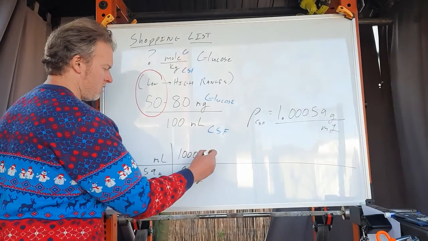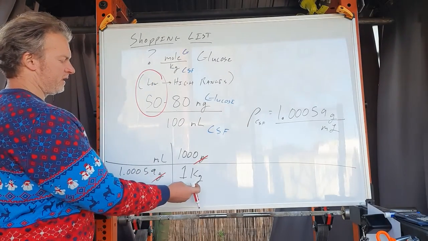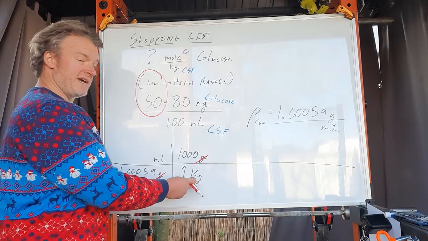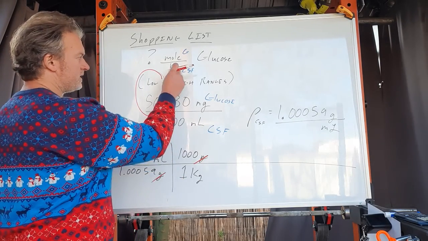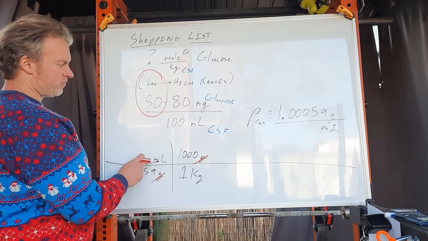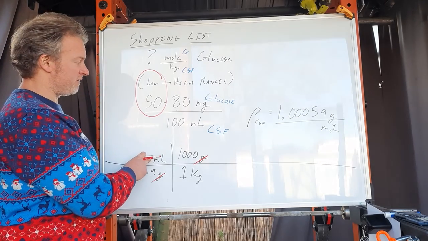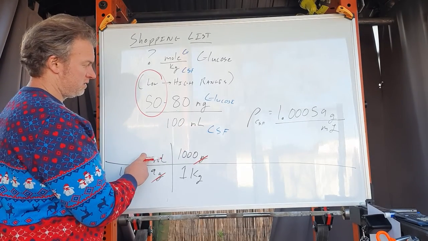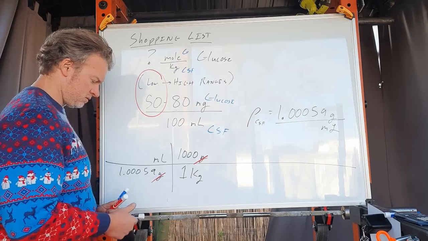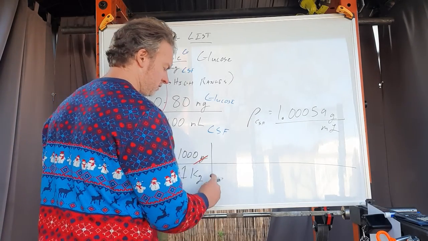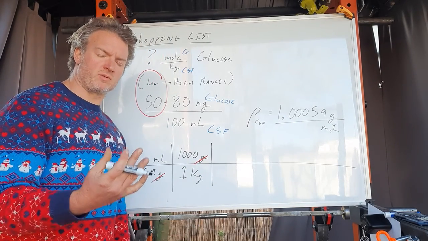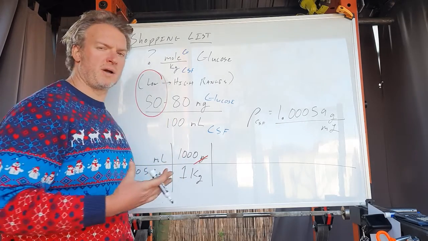So now I have kilograms of CSF in the denominator. That's exactly what I want. I need to get rid of this milliliters of CSF. Note that I look at my shopping list first. When I'm trying to find a unit, I look at my shopping list.